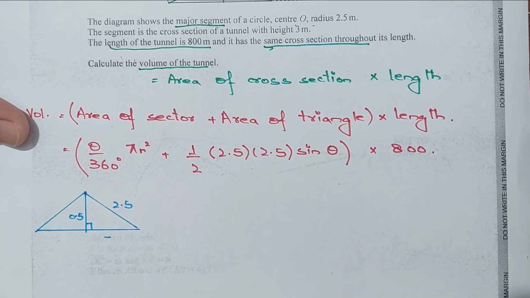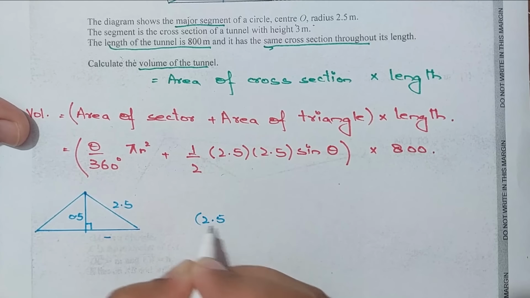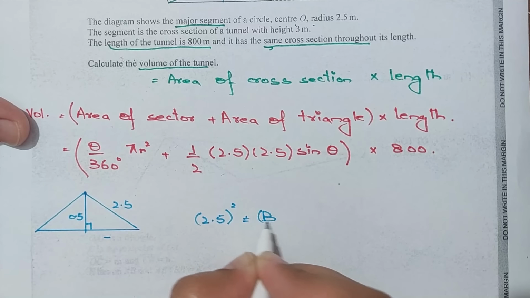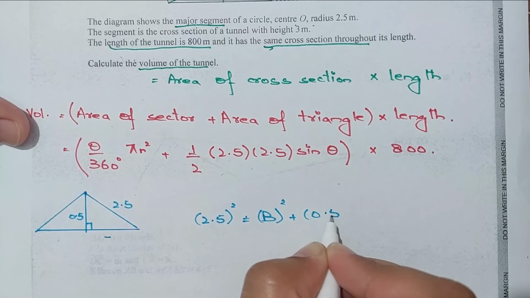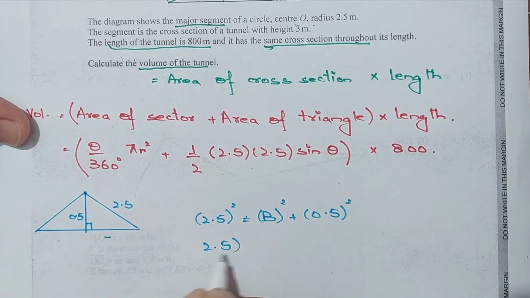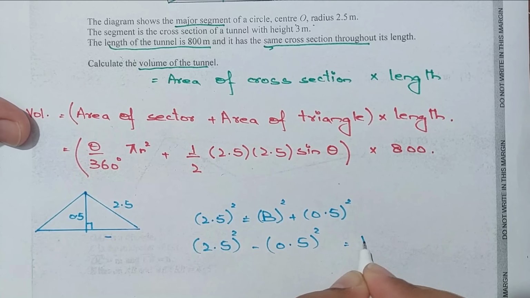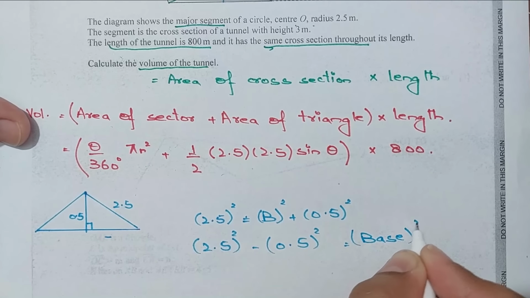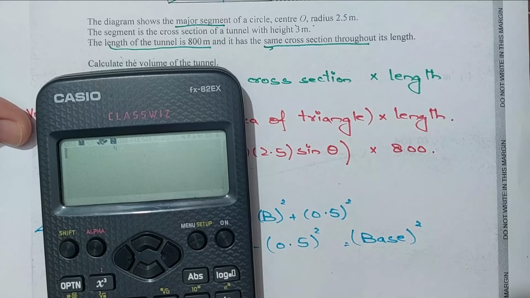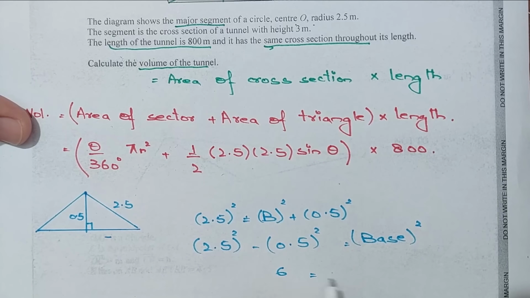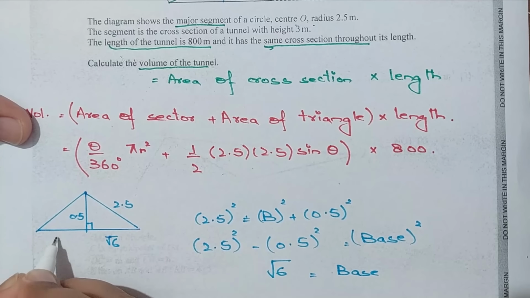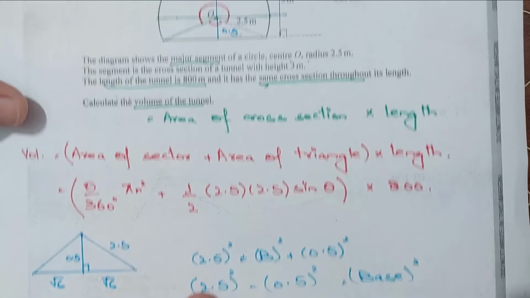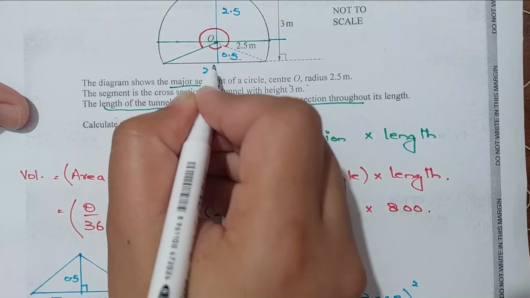Let me solve for the base of this triangle. By the Pythagoras theorem, hypotenuse squared equals the base squared plus the perpendicular squared. So 2.5 squared minus 0.5 squared equals the base squared. Simplifying, 2.5 squared minus 0.5 squared equals 6. So the base is root 6, and this is also root 6, so this whole length is 2 root 6.